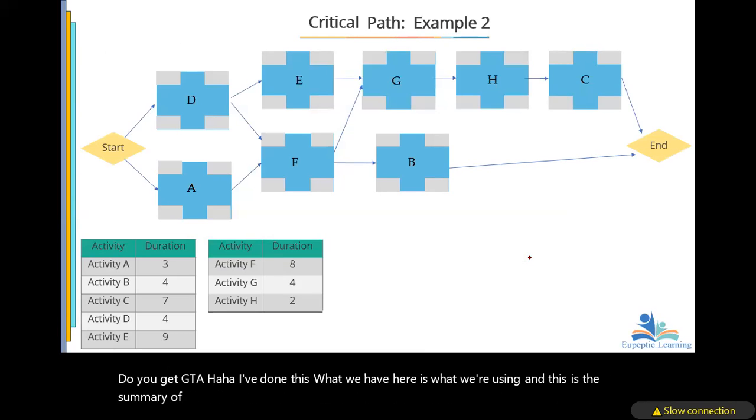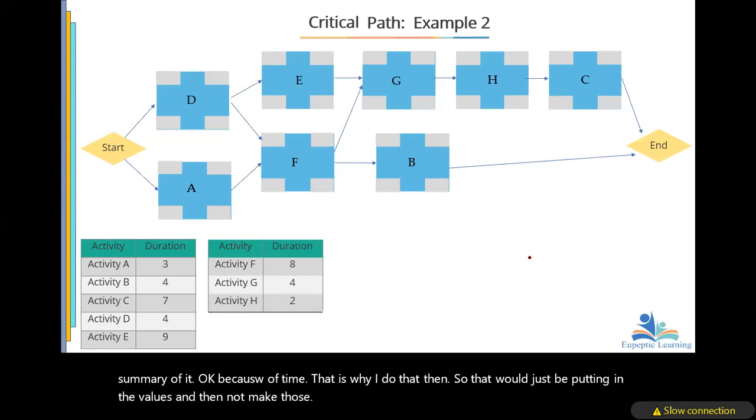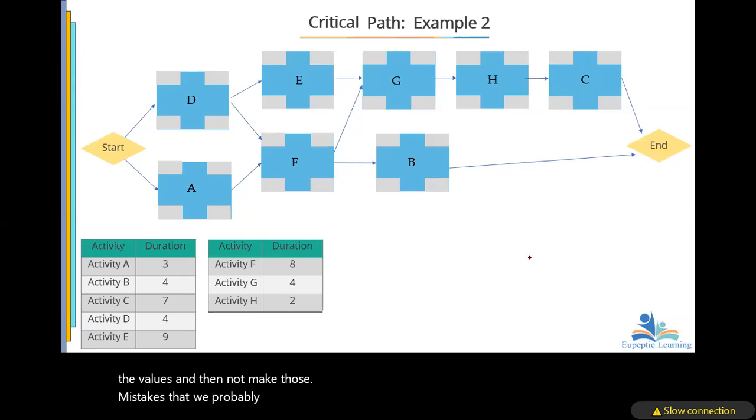Because of time, that is why I drew the diagram so that we'll just be putting in the values and not make those mistakes that we probably would have made otherwise. Okay, so activity A is 3 days.